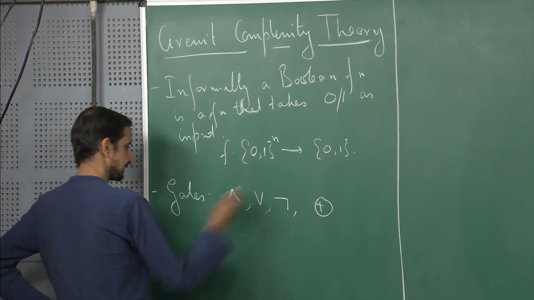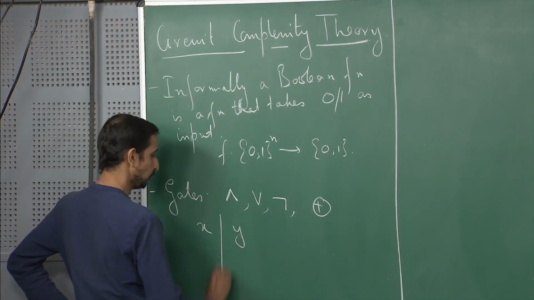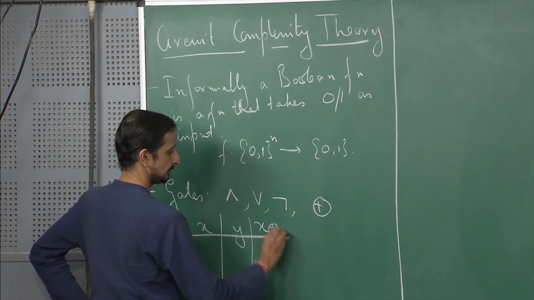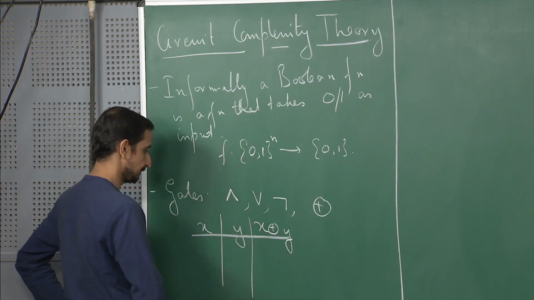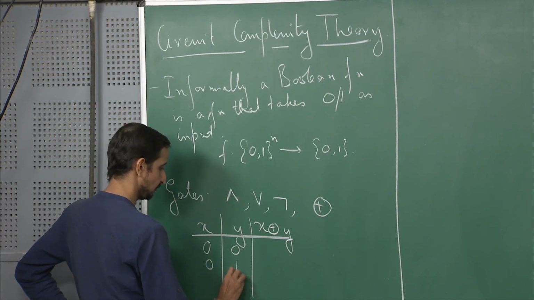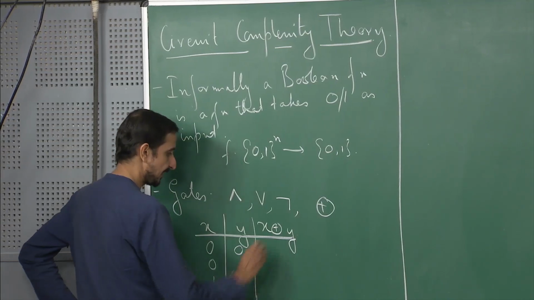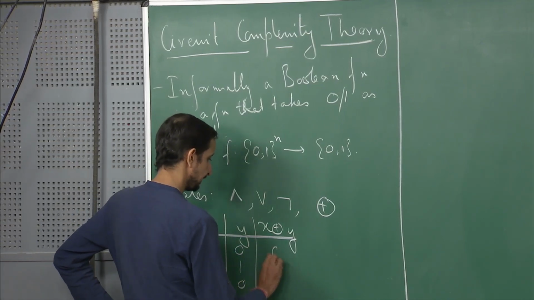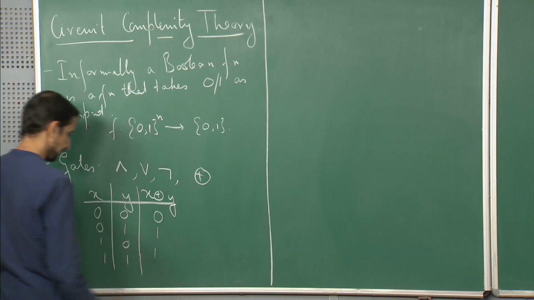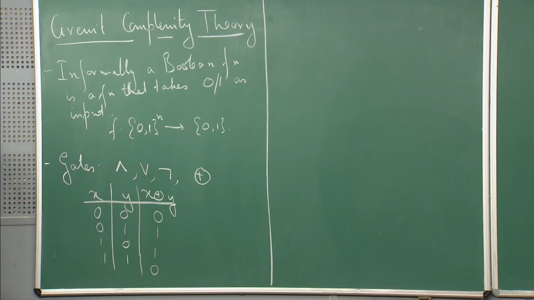For example, if I look at the parity function in 2 variables, we can define the parity of x and y in terms of this truth table. x and y can take values 0,0, or 0,1, 1,0, or 1,1. The parity of x and y will be 0 if both x and y are 0, 1 if exactly one of x and y is 1, and again 0 if both x and y are 1.